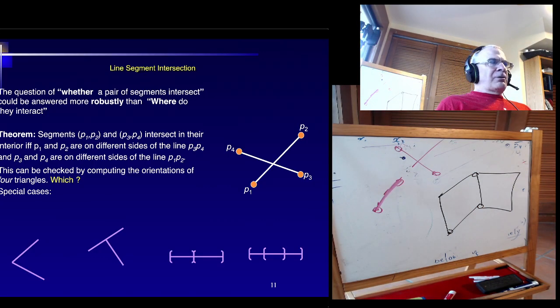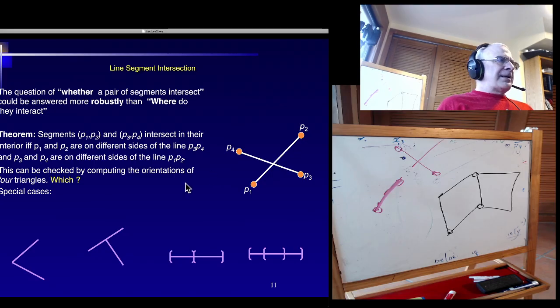And as usual, all the extreme cases need a bit extra attention, like two segments that cross just at an endpoint, one endpoint of a segment that is exactly on the other segment, two segments that are both collinear and one starts where the other one ends, and so on, all these cases.